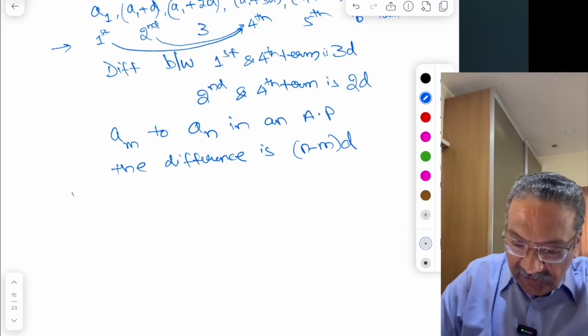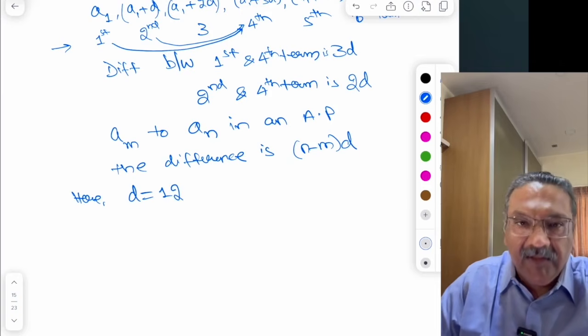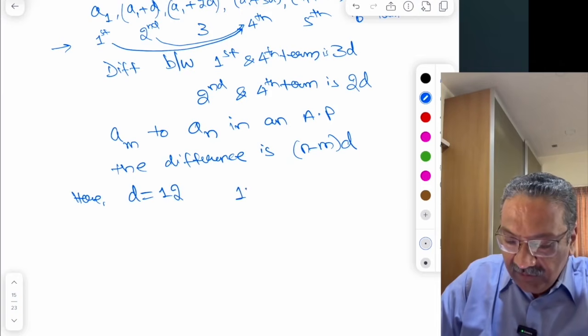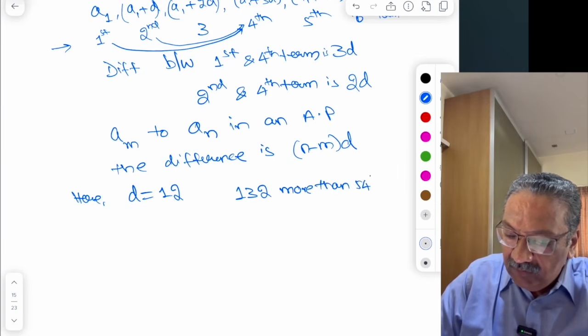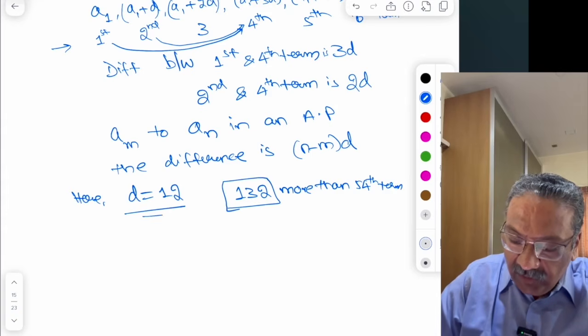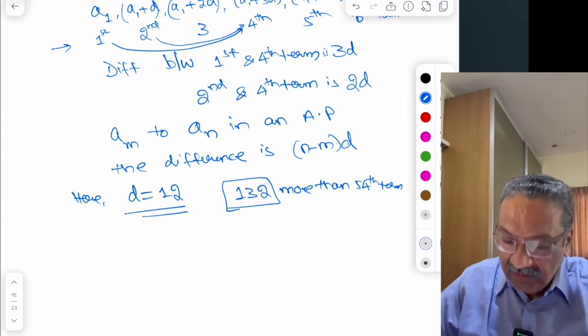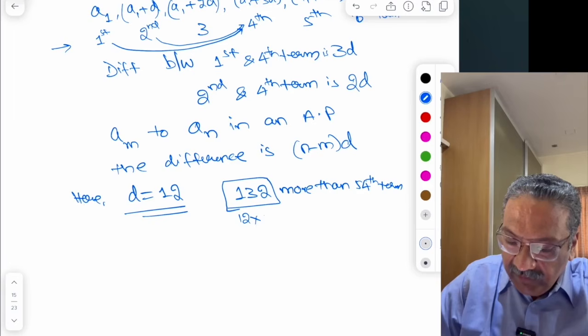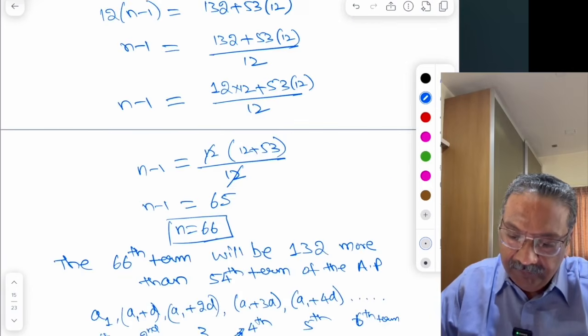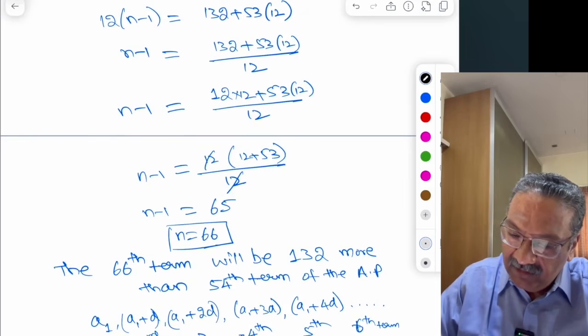See here, in this question the common difference is 12. They are asking which term is 132 more than the 54th term. So let us try to express this 132 in terms of d. What is the relation? See, can I write 132 as 12 into 11? Sorry, I made a mistake here.